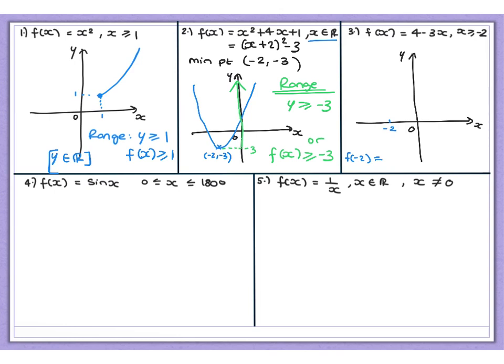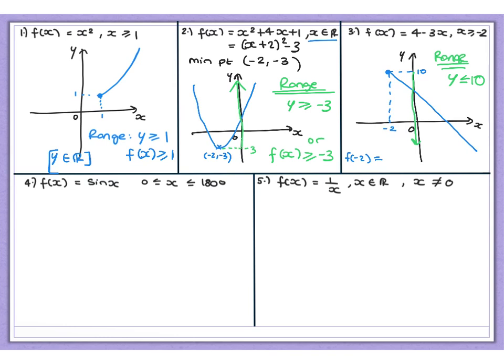And it's equal to 10, which means we're including this point here. If we weren't, it would be an open circle rather than a closed circle. And then the graph, which of course has a negative gradient crossing the y-axis at the point 0, 4, then looks like that. Now the range of the function is that y can be 10 or below, so y is less than or equal to 10.